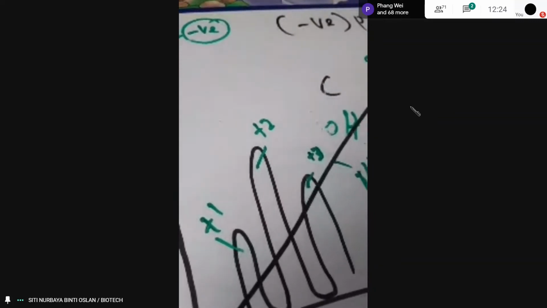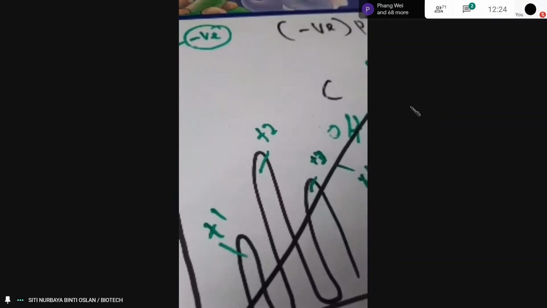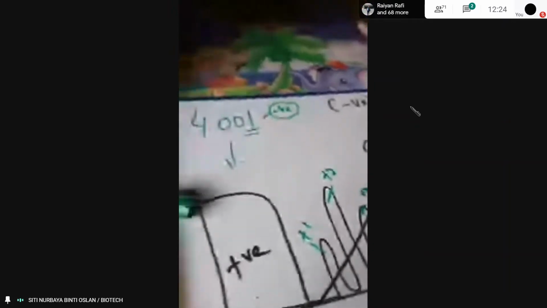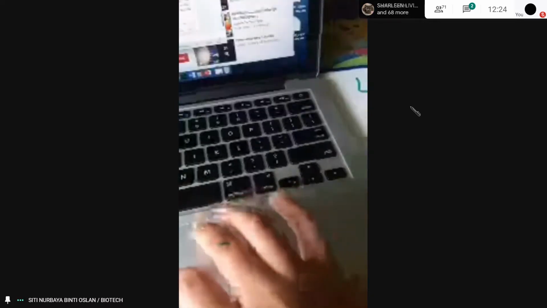First green peak is positively charged. Second green peak is negatively charged. Where is the first green peak? Let me check. Yes, the first green peak is in here.